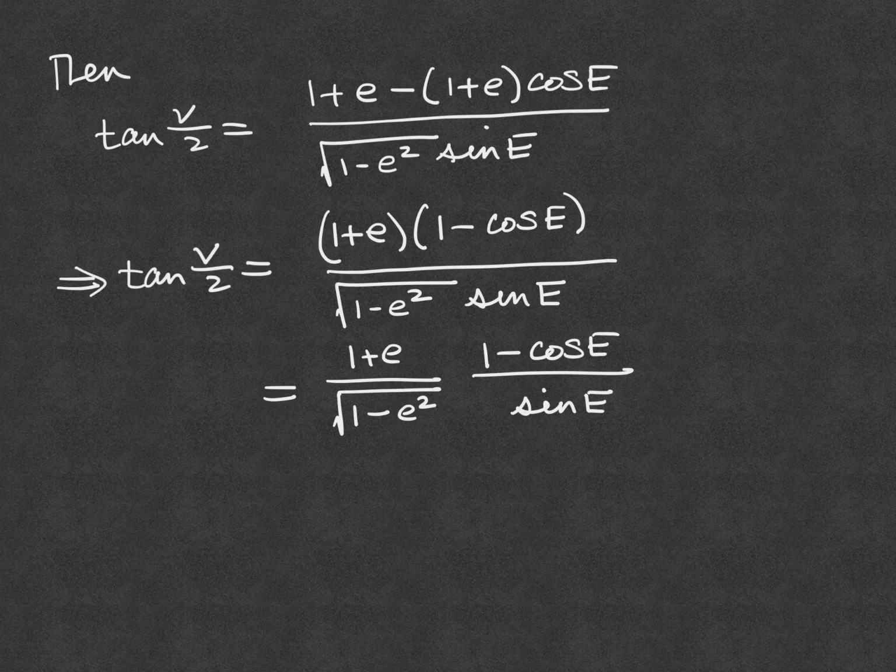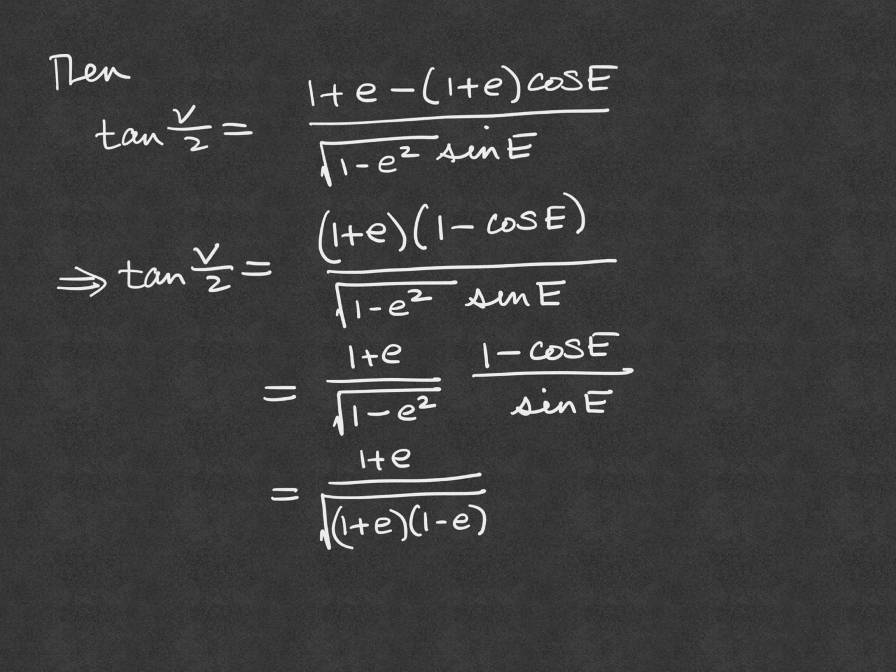But this factor that involves the eccentric anomaly is just equal to the tangent of the half angle of the eccentric anomaly, from the identity I gave earlier. And this other factor becomes as follows. I get 1 plus e all divided by the square root of 1 minus e squared, which is 1 plus e times 1 minus e.